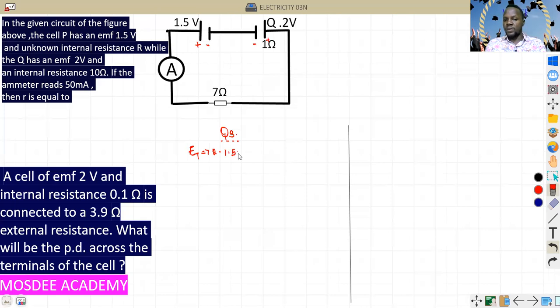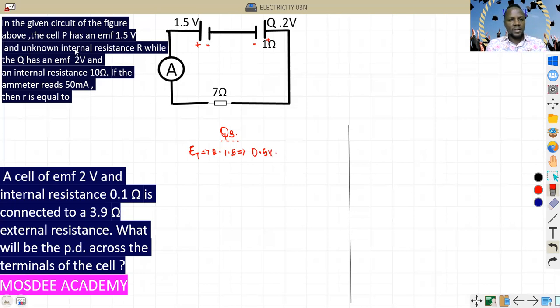The reason is that we are connecting the positive terminal with the negative terminal, so it is reversed. So it is always the value of the higher one minus the lower one. If they are connected in the same manner, we add. So please keep that in mind. So the effective EMF is 2 minus 1.5, which is basically 0.5 volts.